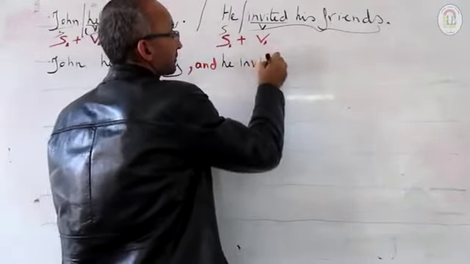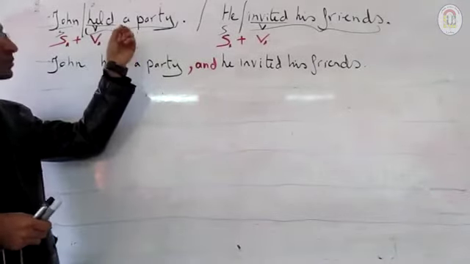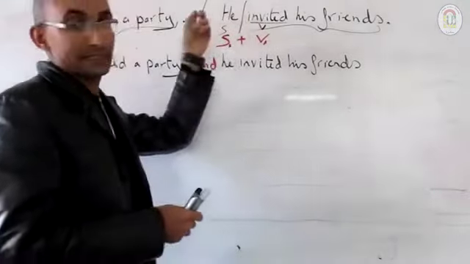So here, what do we have? Previously, when they were separate, I called them two simple sentences, S plus V and S plus V. This one is simple, and this one is also simple. But when a simple sentence becomes a part of another sentence, it is now called a clause.